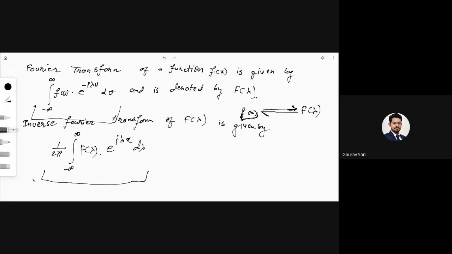Okay. So my question is, how to represent f of x as an integral of some other function.